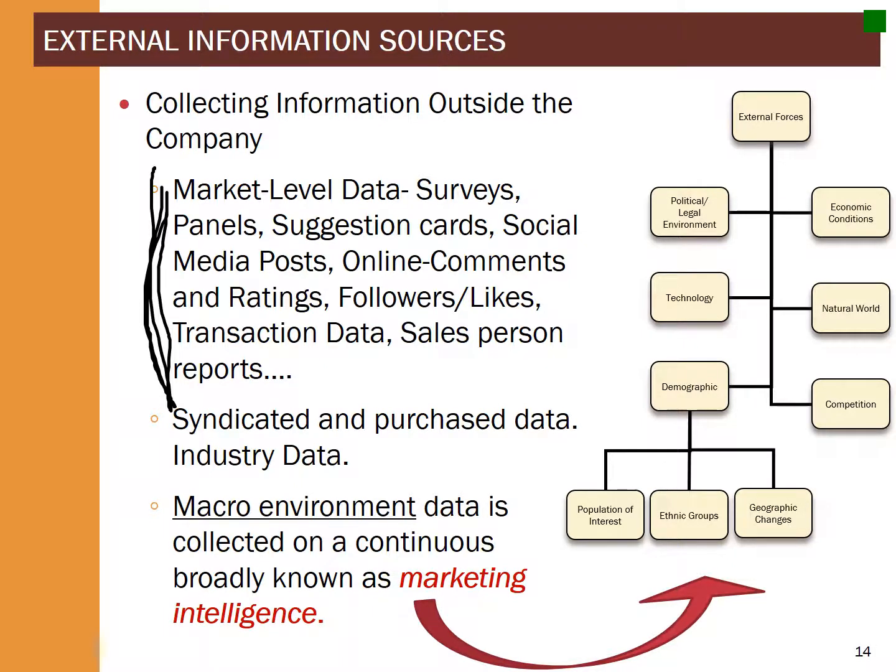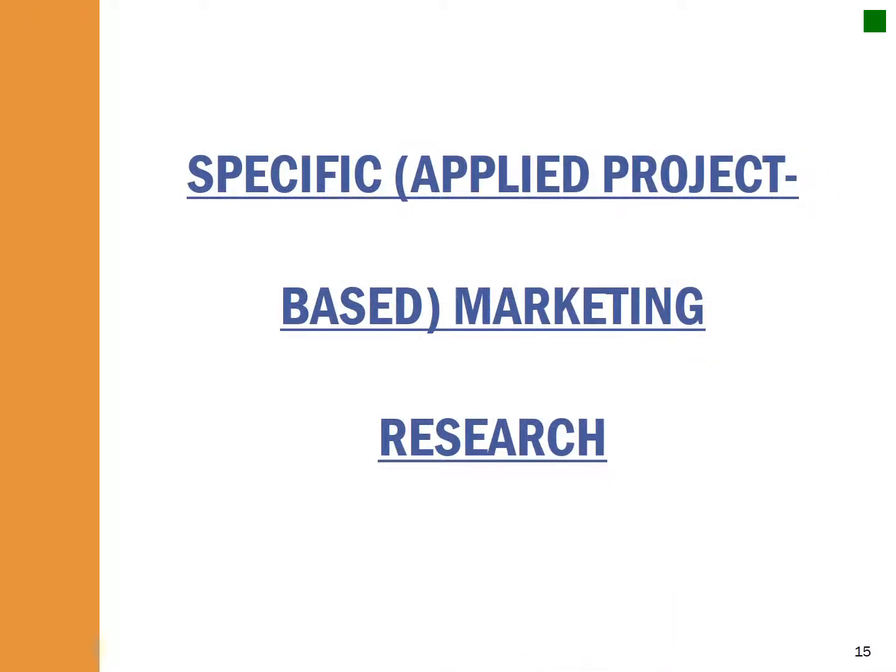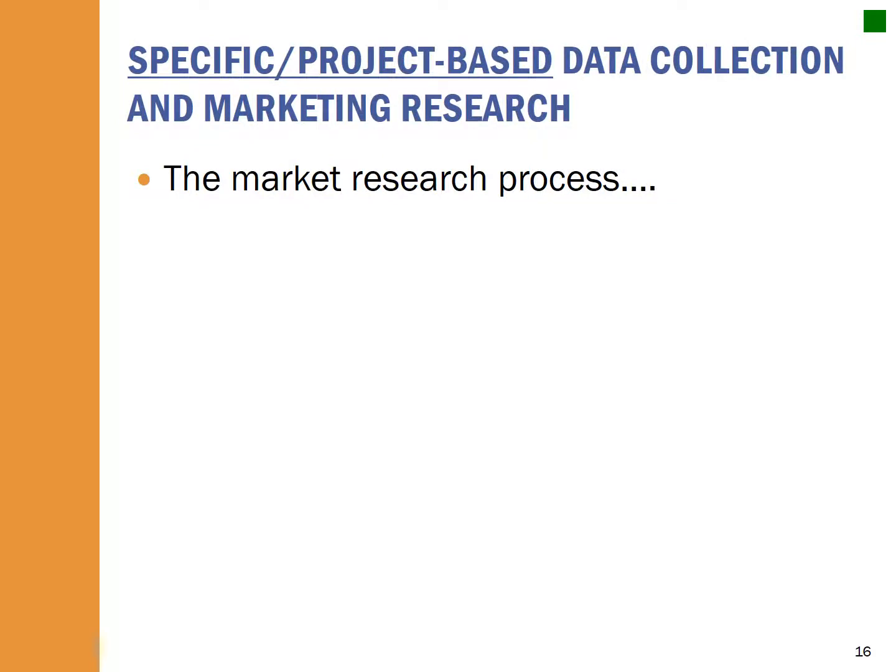All right, so that's a look at this ongoing data perspective that we have. What we'll do real quick, and this will segue into part 2 of this video series: as I mentioned, there is ongoing research as a process that's illustrated in the MIS system. But we also have specific project-based research where we have an identified problem that we're trying to solve.